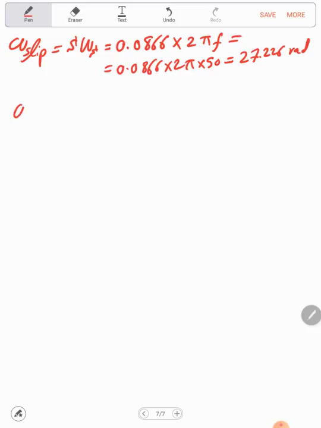Now we know that omega slip is equal to 1 over tau r times IQSE over IDSE. So we also need to calculate the time constant of the rotor circuit.